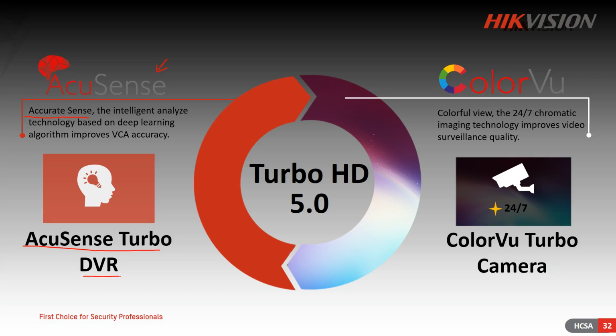This is AccuSense. And ColorVu is a short name for colorful view. So the ColorVu camera is going to provide a 24/7 colorful image. This is awesome, because a normal camera is going to provide a dark image, or at night the image will be black and white if they use the IR.